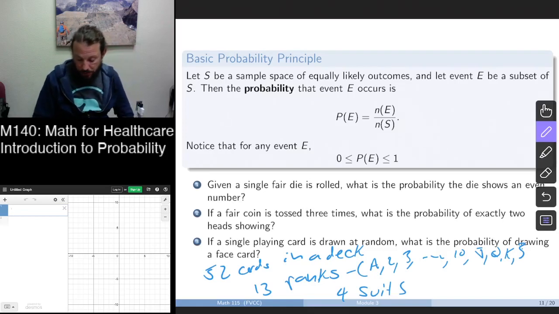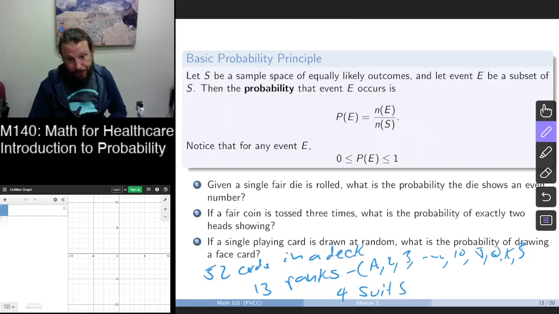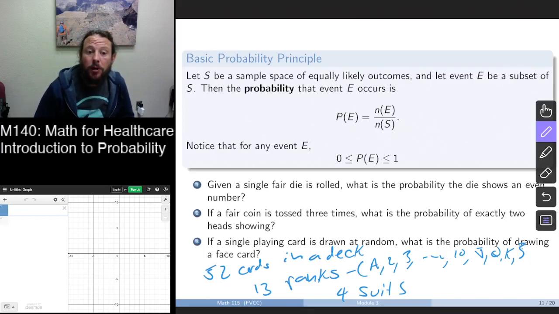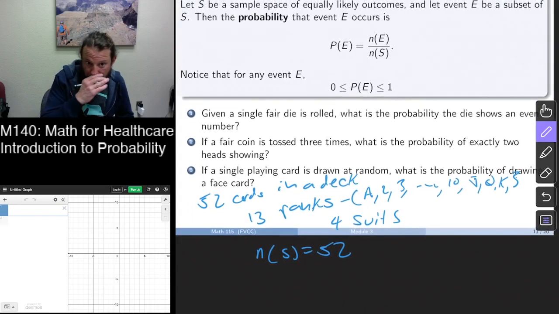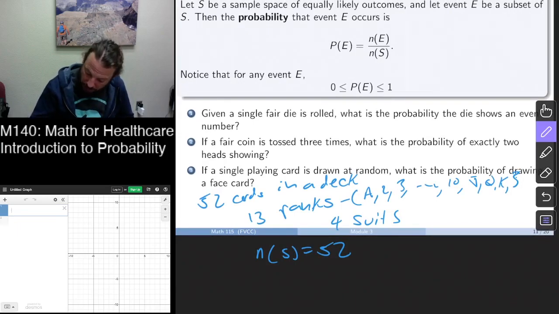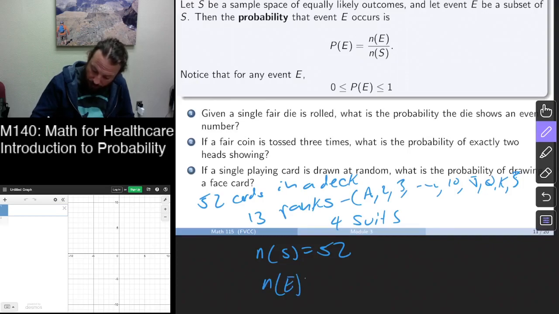Notice, what does this mean? 4 times 13 has to be 52. But that's the basic. So here, our sample space is all the possible 52 cards, so the size of our sample space is 52. What is the probability of drawing a face card? Let's say E is the event of getting a face card.